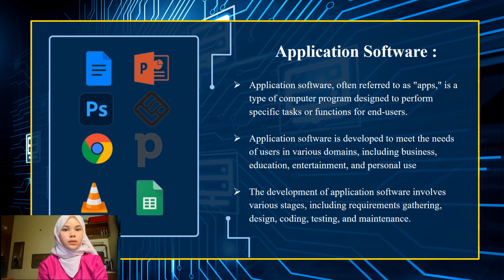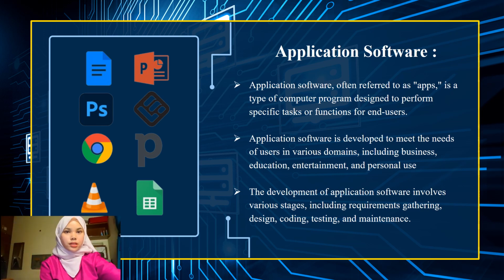Fifth, entertainment software like games such as PUBG and Mobile Legends, and multimedia entertainment such as Netflix and Spotify, for streaming movies, music, and TV shows. Then the virtual assistants like Siri and Google Assistant.